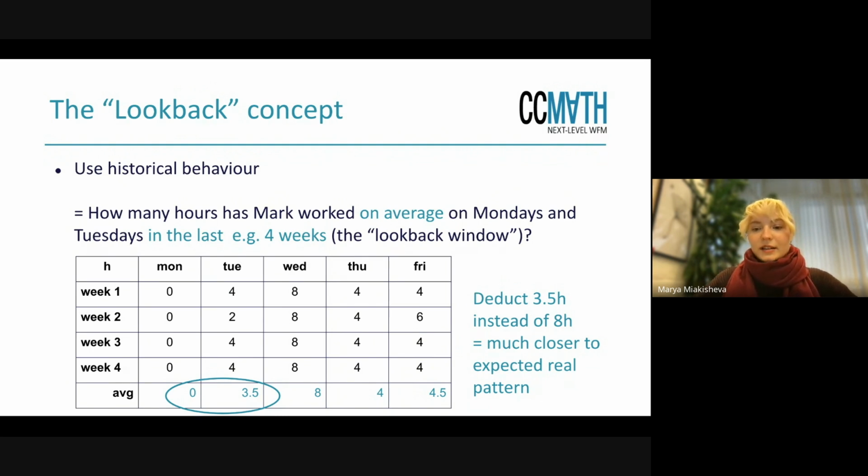Because of course, later when the time comes for the week in which we're on vacation, we will see what the actual schedule looks like, but it is very likely that the schedule will look very similar to what we see over here, and therefore our deduction will need less correction, so to say.